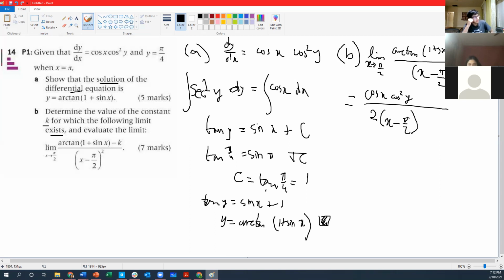Limit as x approaches pi over 2. Well, sine of pi over 2 is 1, 1 plus 1 is 2. Can we ever have arctan of 2? Obviously, that doesn't work.